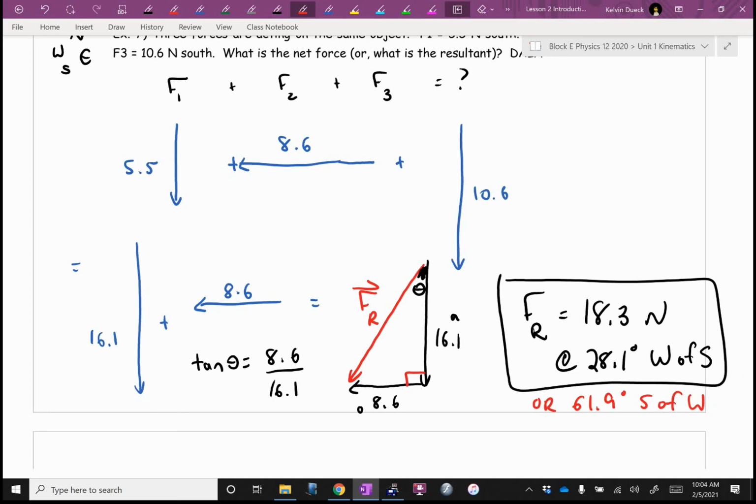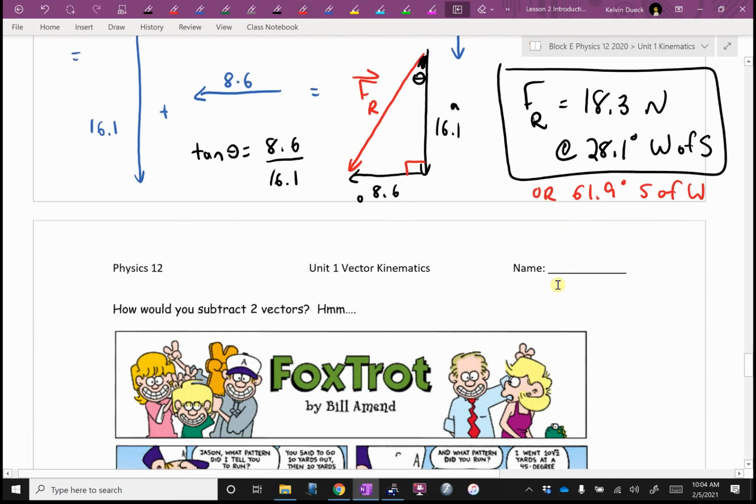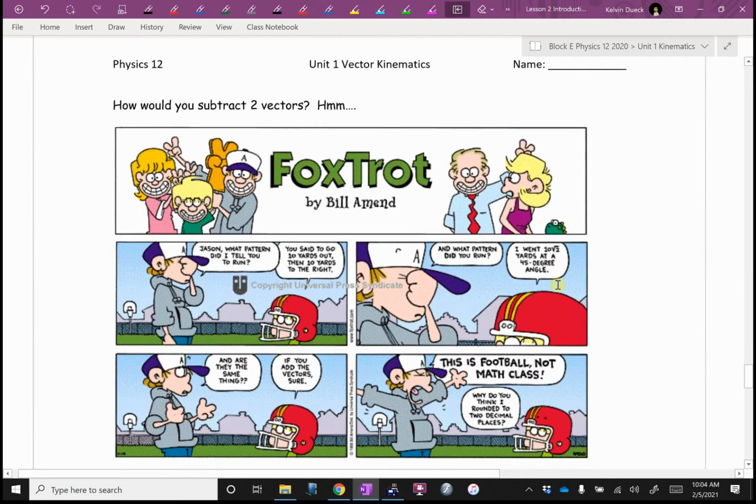So how do we add vectors together? We draw them tip to tail. How do we add 3 vectors? Turn it into 2 vectors. How do you subtract 2 vectors? You don't. How would I turn it into an addition?